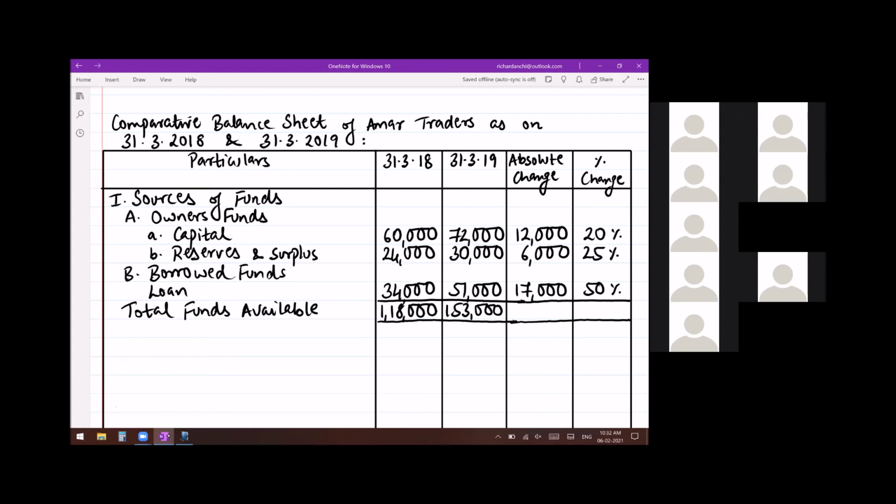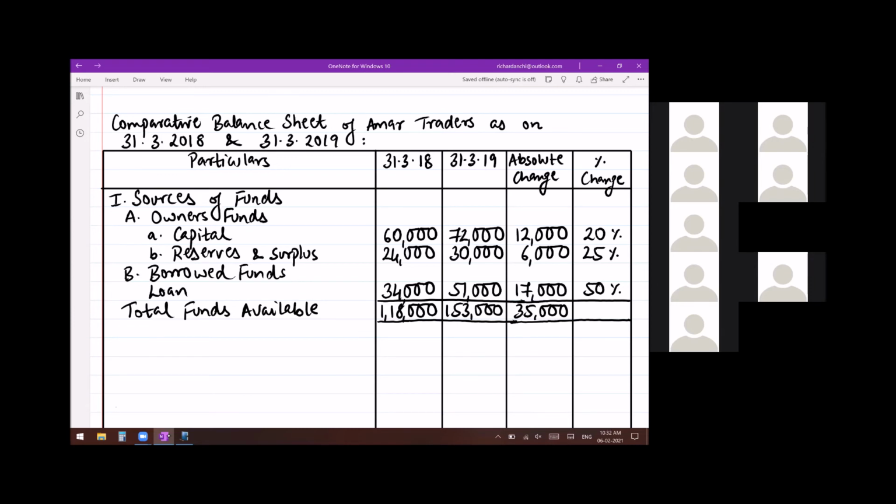Absolute change also you can take the total. Only the last column, don't take the total there. Absolute change, how much? 35,000. Now, if you want to calculate the percentage change, don't add up the percentages written there.